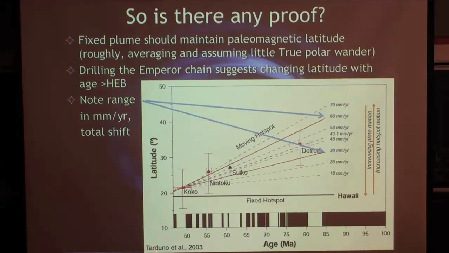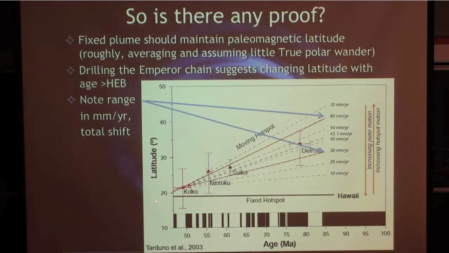So these folks went and drilled a number of the Emperor chain seamounts, and basically did paleomagnetism, trying to figure out what the paleolatitude was at which these seamounts were erupted. So along the Hawaiian chain up to the bend, the paleolatitude only shifts by, I think, up to a few degrees at most. If not, it's like 2 degrees maybe. I forget exactly what it is.